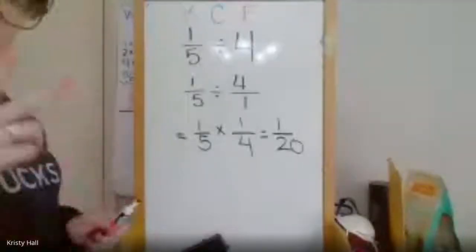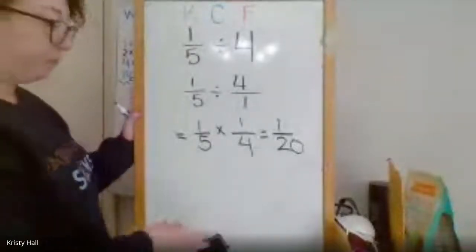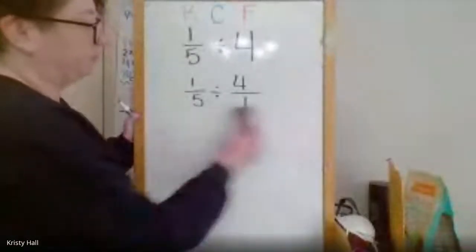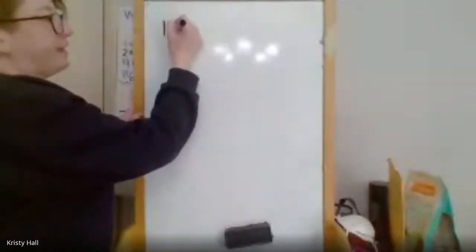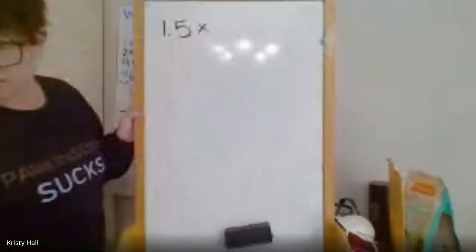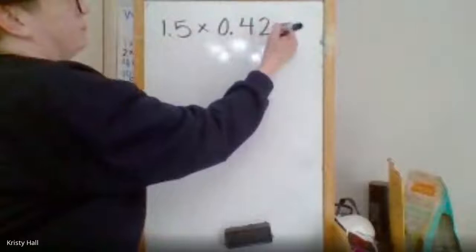Okay, we got 2 more to go over. We're going to do a little bit of work with decimals now. So I'd like you to write 1 5/10 times 42 hundredths.